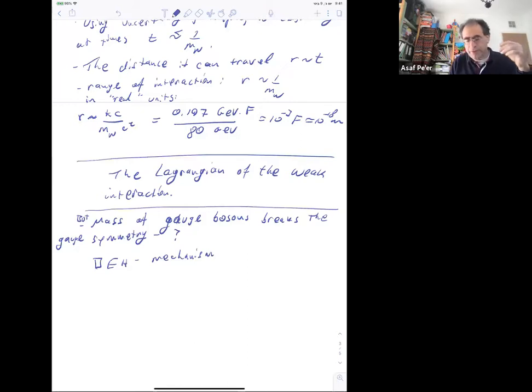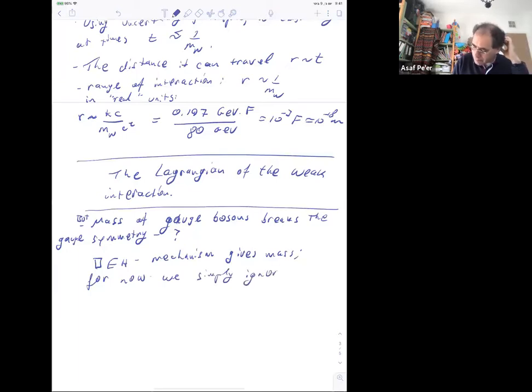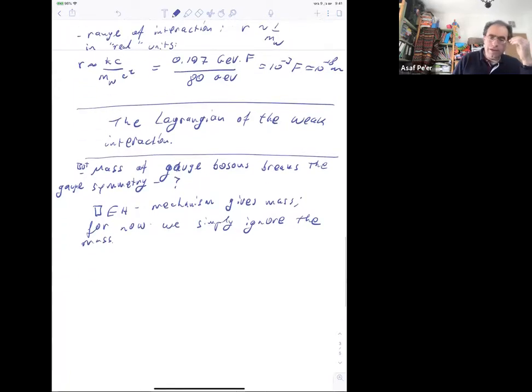I'll show you that it gives mass to everything, basically. And now, we simply ignore the mass. So assume that the gauge bosons are massless.